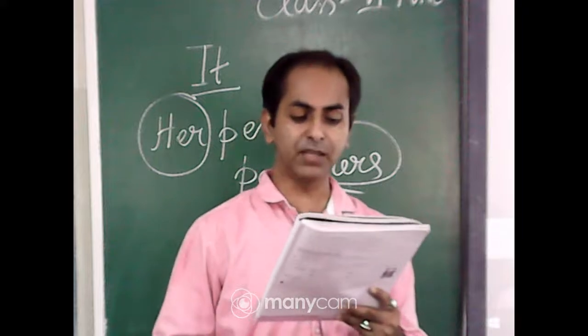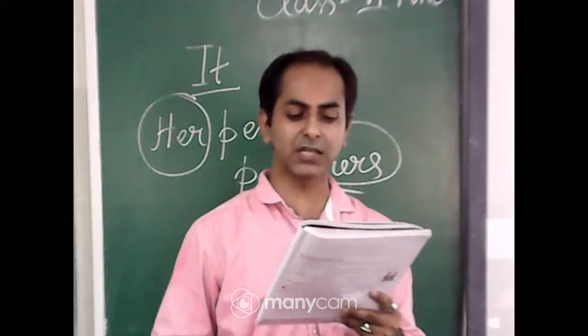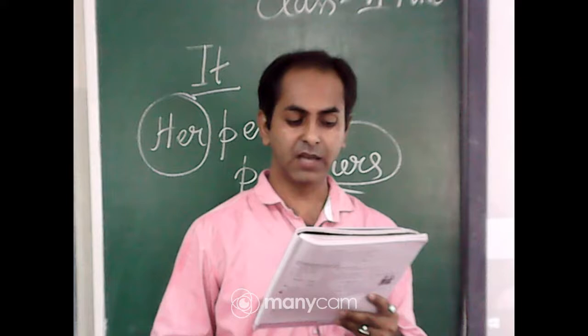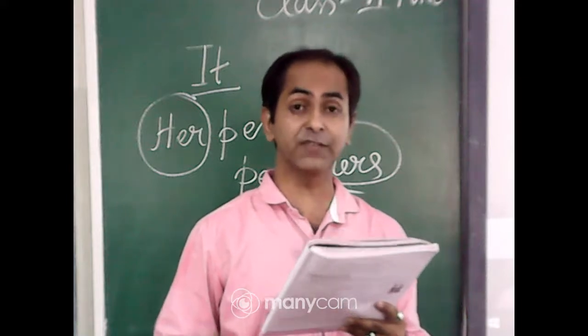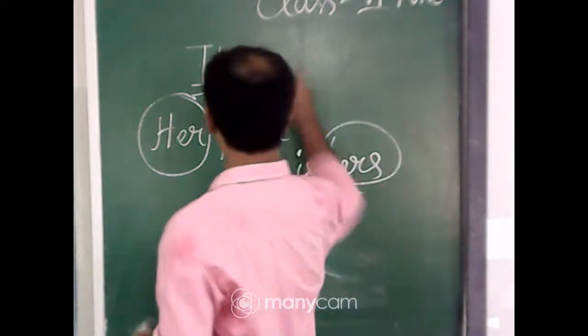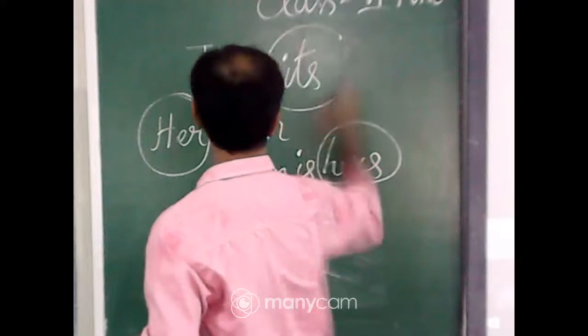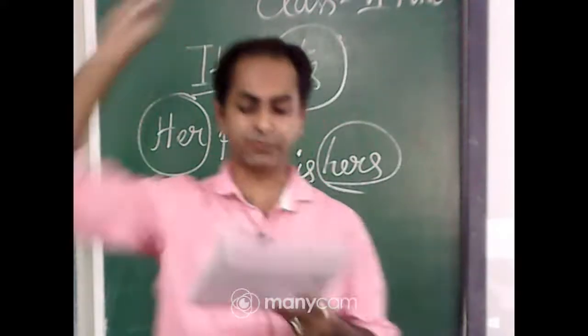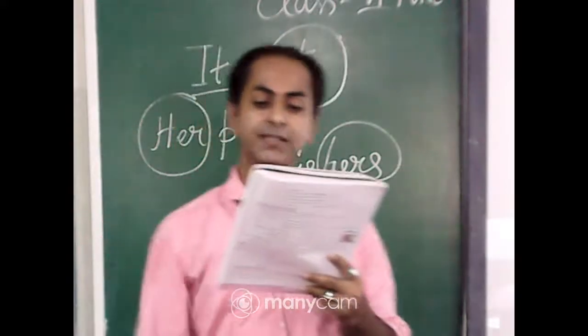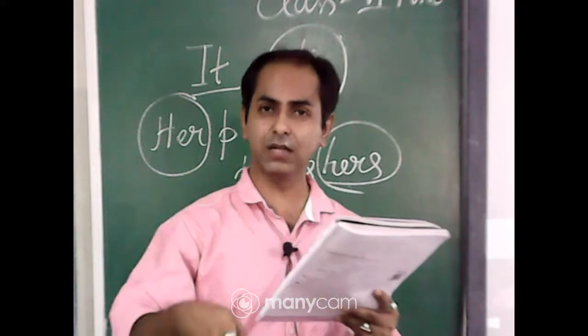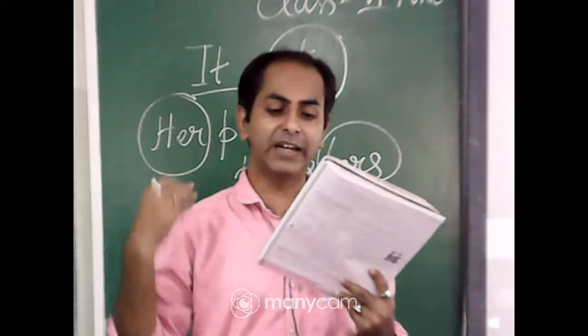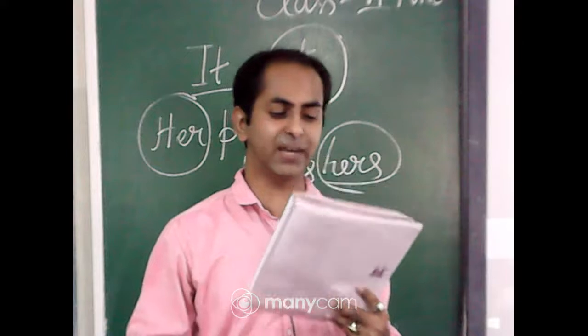The example: the bag is new, its handle is made of brass. Its is the possessive adjective here, I-T-S. It is placed before the noun handle. We can never use its in place of a noun.